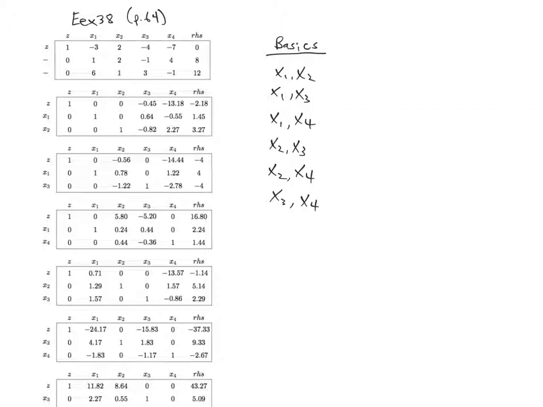I forgot to say before that there are n choose m choices. In general, this is a very big number. It's the number in Pascal's triangle as you head way down. And for each one of these choices, you have to do some pivoting work, which could be as much as n times m, because that's how big the coefficient matrix is.